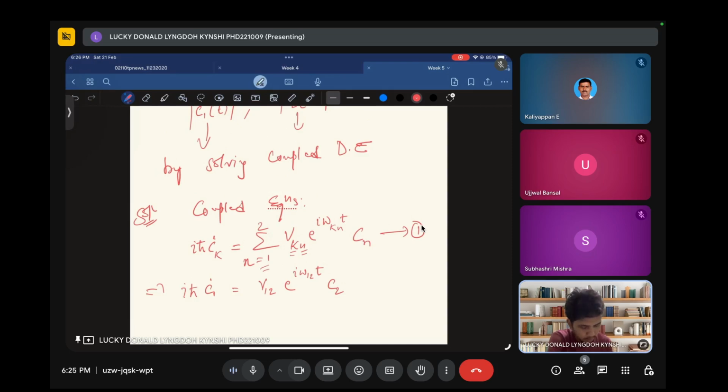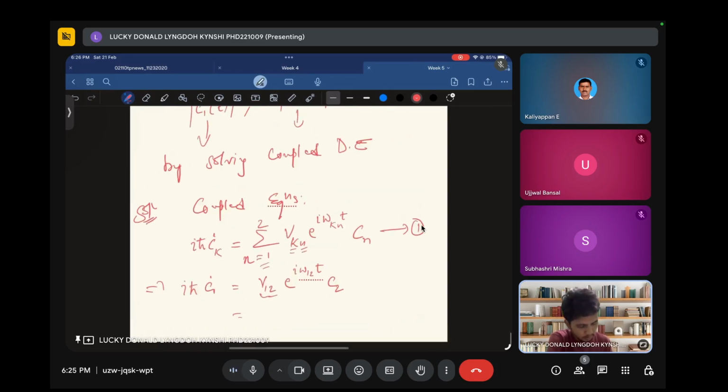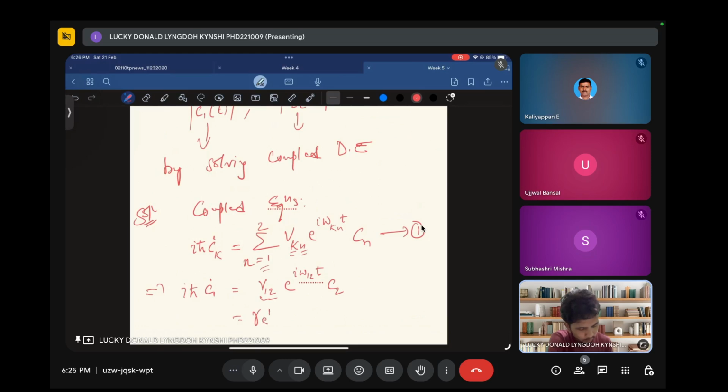Then you substitute the value of V12, which is given to you. So you will get gamma e to the power of i omega t e to the power of i omega 12 t c2. Remember this omega 1 omega 2, I will write it later. This is your first equation.